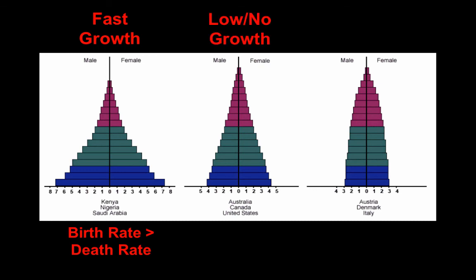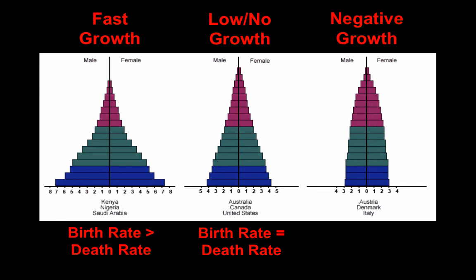In this next one, there's really very low to no growth. Places like the US, Canada, Australia, the birth rate and the death rate are relatively equal. So we have basically as many kids being born as we have old people dying. And then finally, we have negative growth.